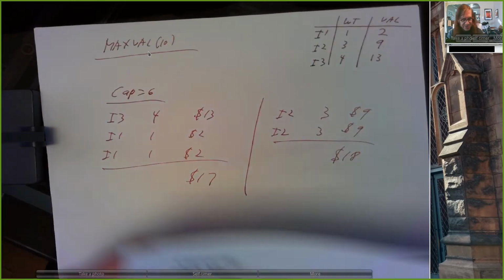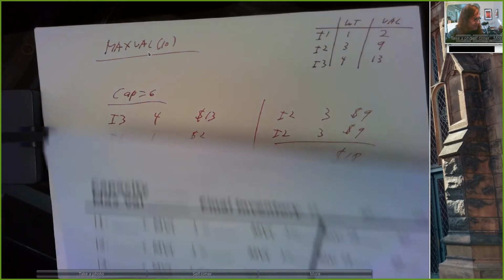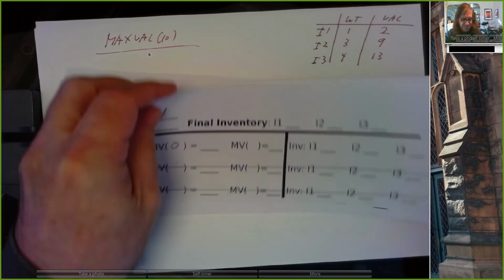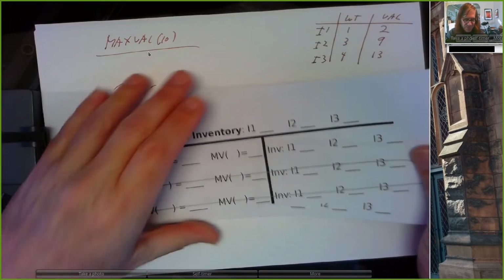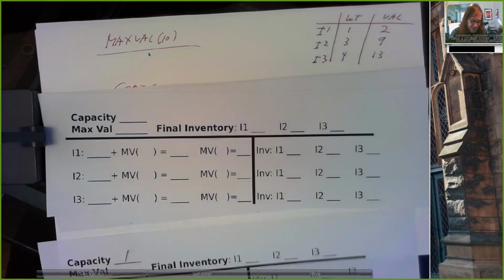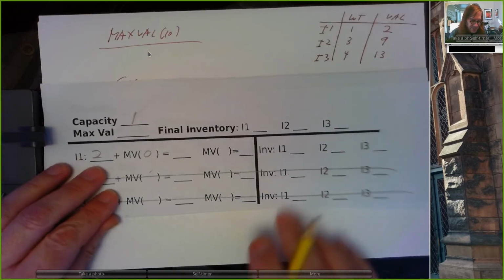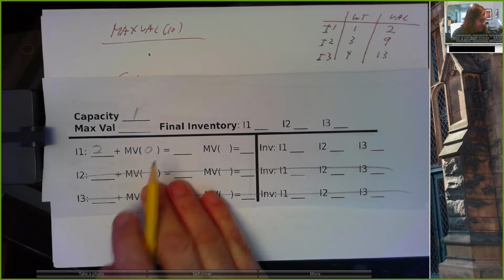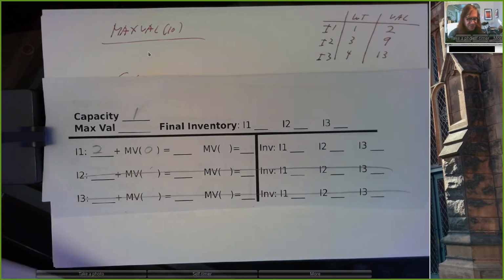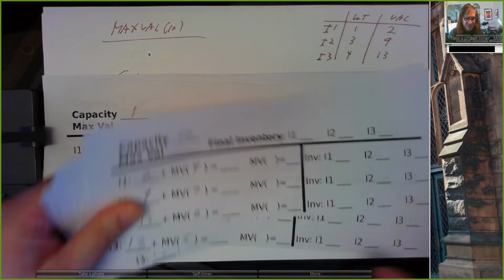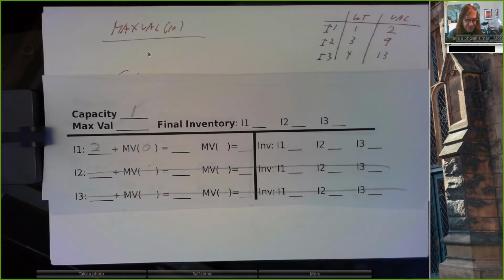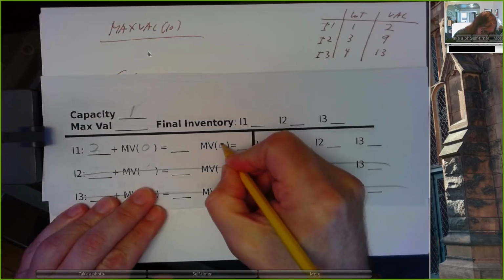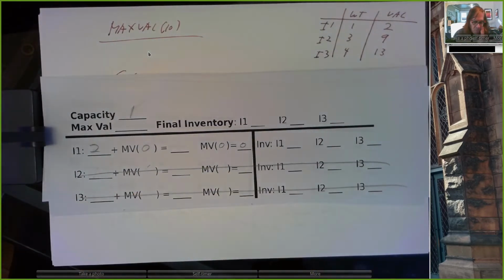So this call to max val of 0, that's going to be one more recursion. I'm not going to write it out. That's going to come back right away and say 0. Okay, so I'm going to return for the first time from all of these recursive calls to my max val function, and I'm going to know that max val of 0 is 0.